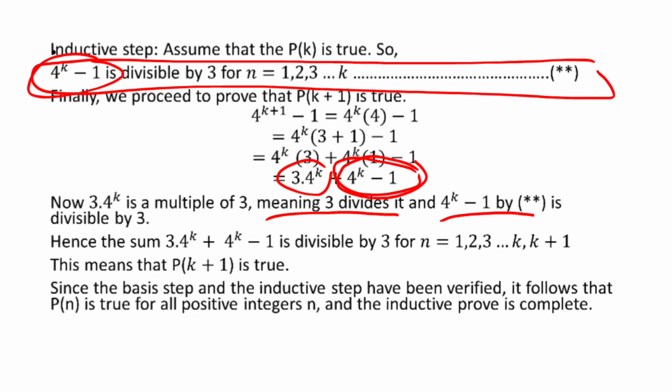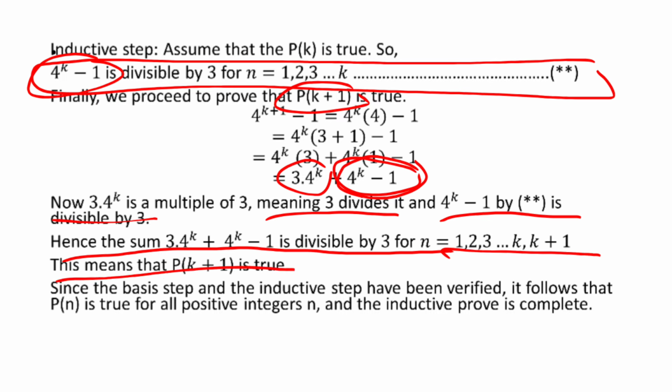And we already know that 4 to the power k minus 1 is divisible by 3. Hence, this statement, when n is k plus 1, holds, it's true. Okay. So since the basis step holds, the conclusion as before, we conclude that the statement is true, it's divisible by 3. And that completes the proof, okay?